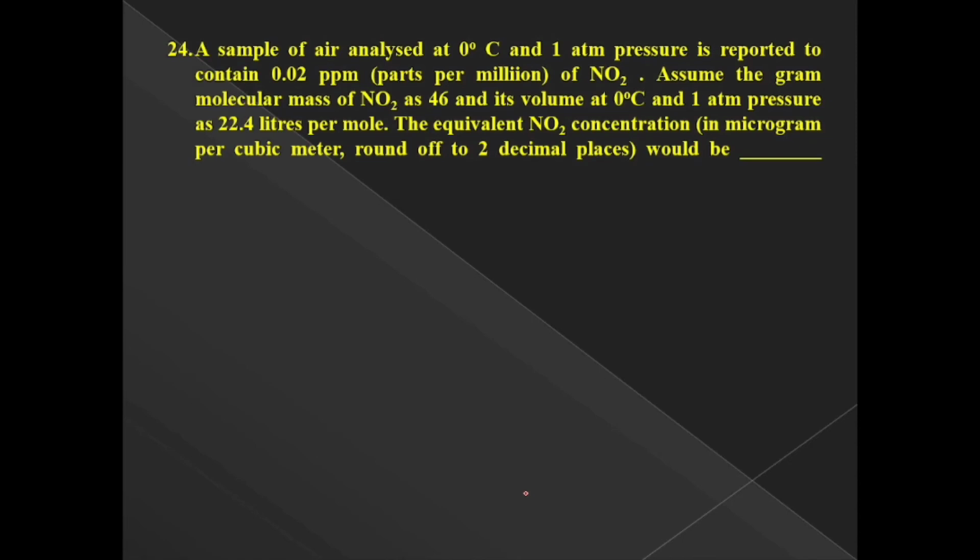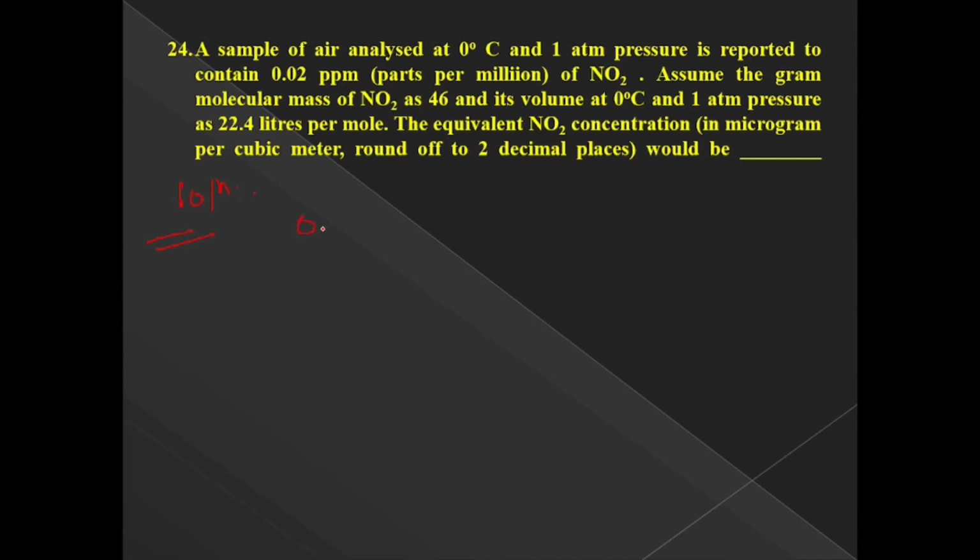Assume the gram molecular mass of nitrogen oxides as 46, and its volume at 0 degree centigrade and 1 atmospheric pressure as 22.4 liters per mole. The equivalent nitrogen oxides concentration is to be calculated.